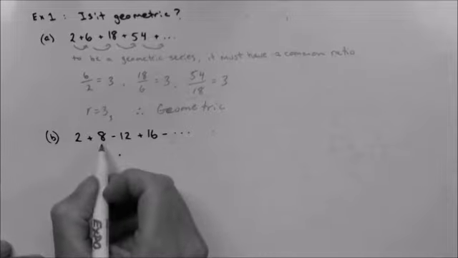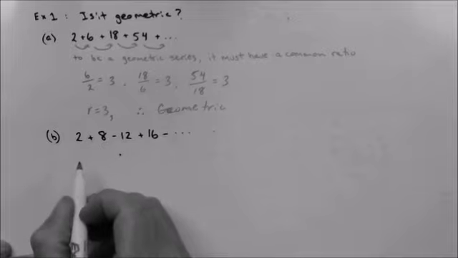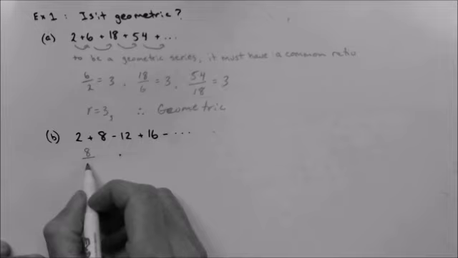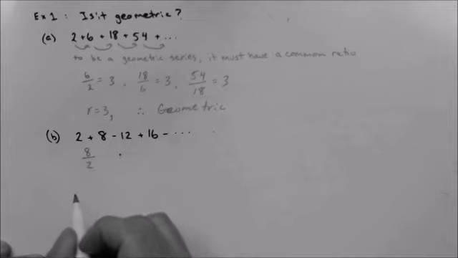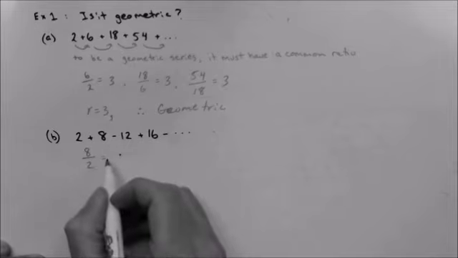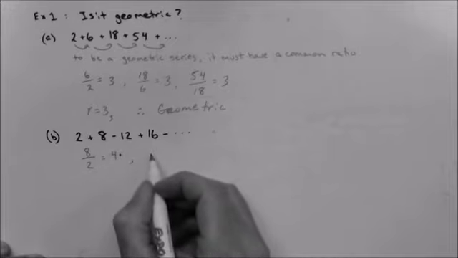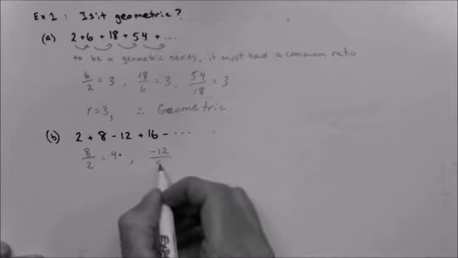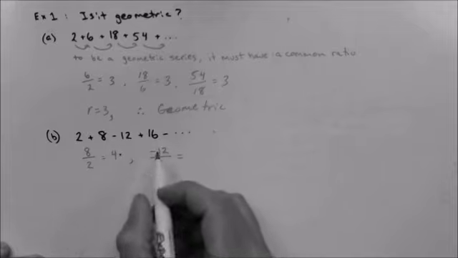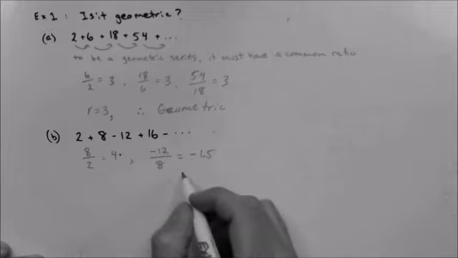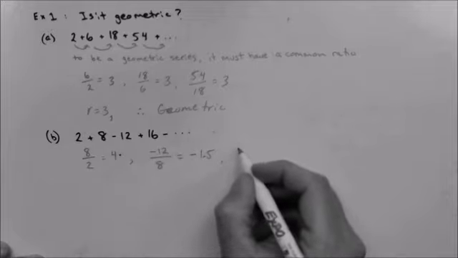So we take consecutive terms and we divide them. 8 divided by 2. That is 4. Okay. Negative 12 divided by 8. That's negative 1.5. Doesn't look like this is going to work out. Let's try the last one.